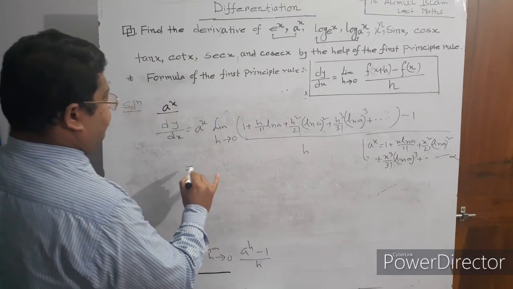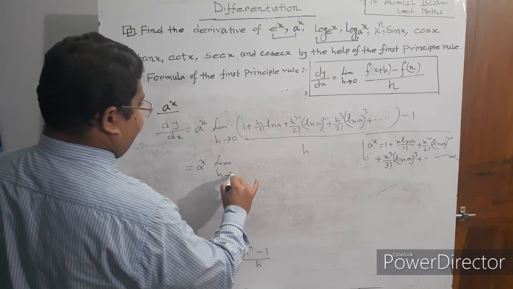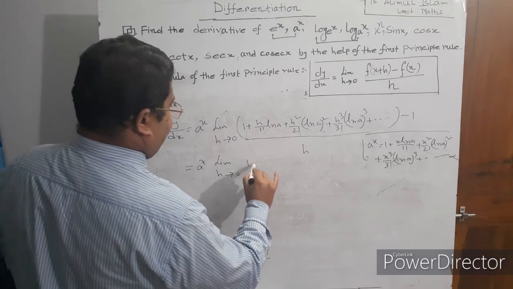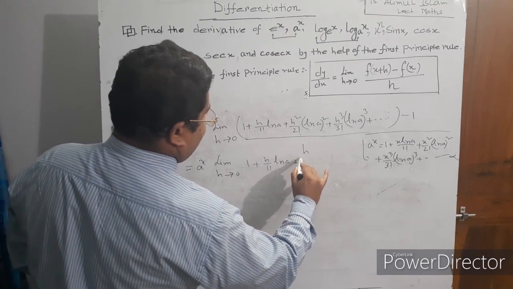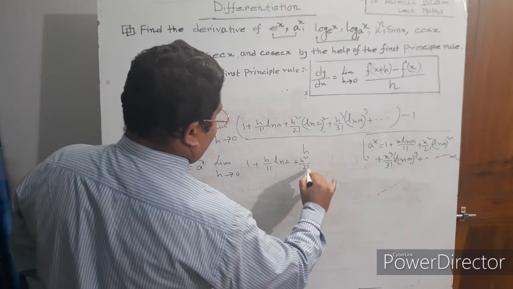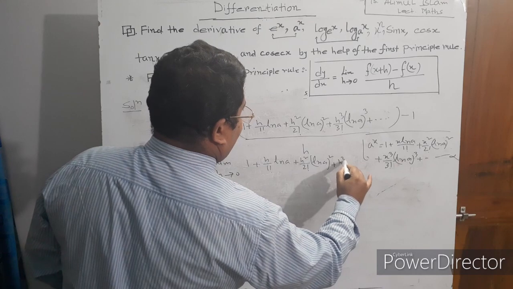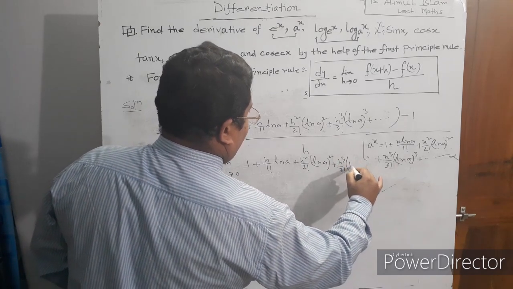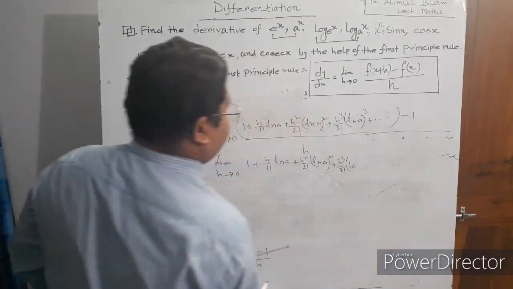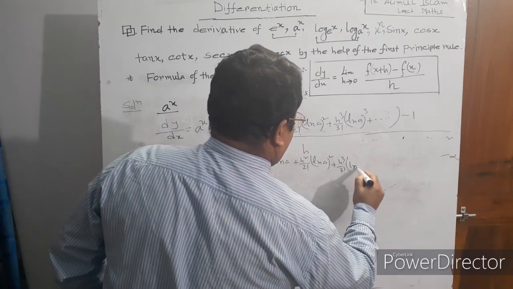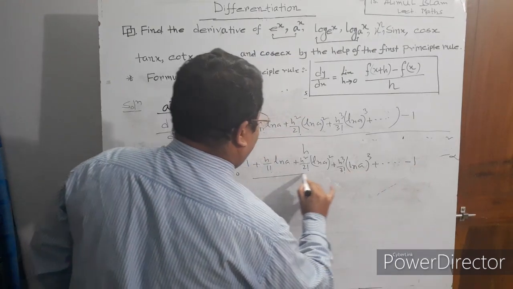I write here again a to the power x, limit h tends to 0, 1 plus h by factorial 1 ln a plus h square by factorial 2 ln a whole square plus h cube by factorial 3 ln a whole cube plus dot dot dot, minus 1, divided by h.